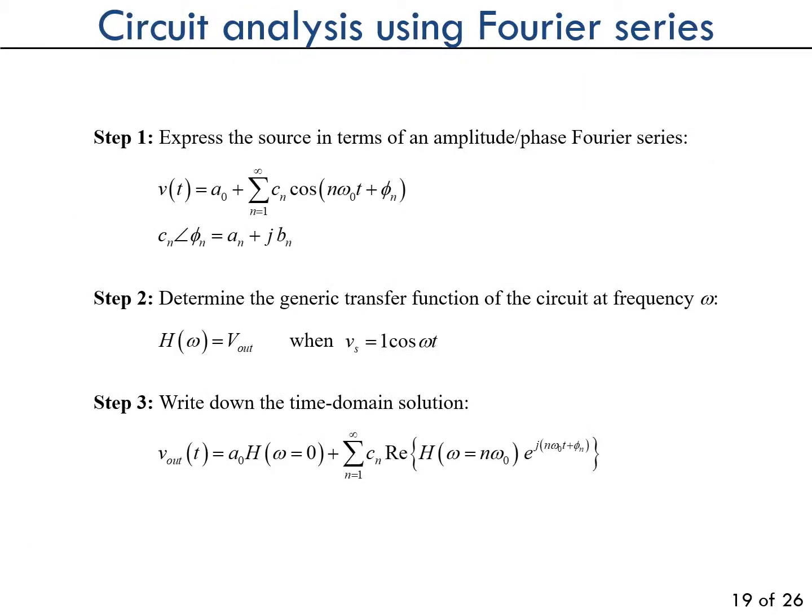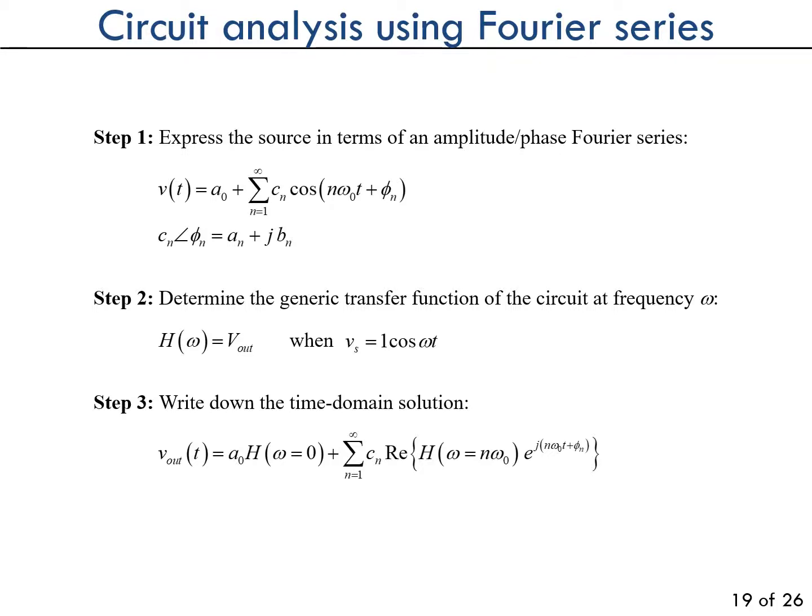Let's see how to do circuit analysis using Fourier series. It's a three-step process. First, you express the source in terms of an amplitude-phase Fourier series. The expressions are given right there below step 1. In step 2, you determine a generic transfer function or frequency response of the circuit.